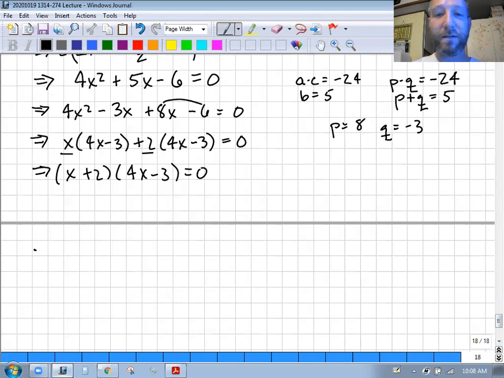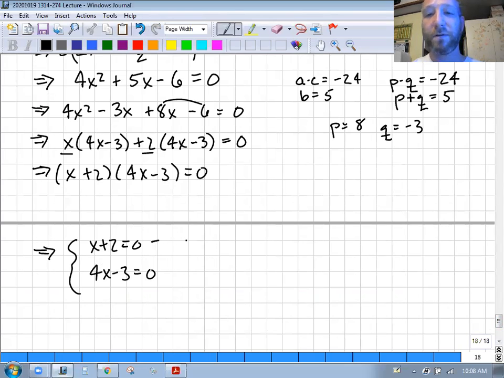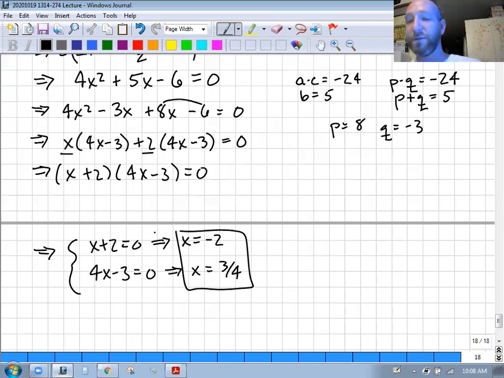That tells us either x plus 2 is 0 or 4x minus 3 is 0. So x is a minus 2 or x is a positive 3/4. Those are our two solutions.